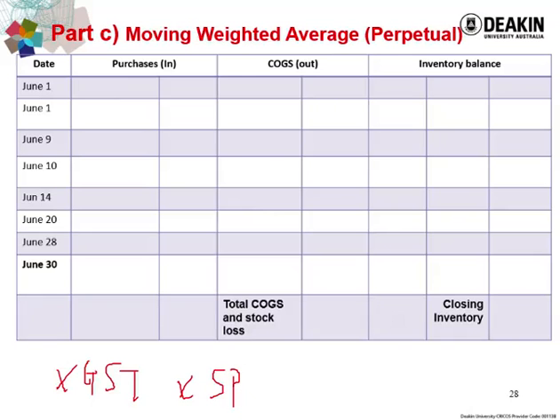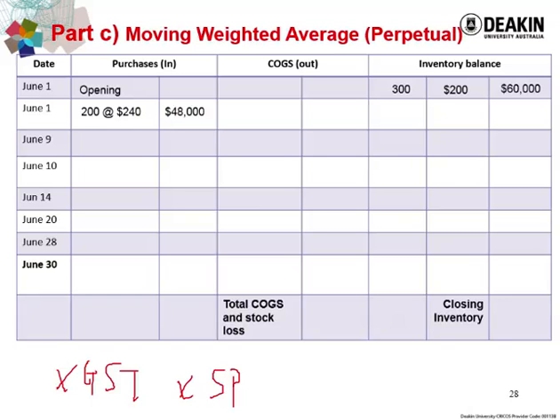Okay, at 1st of June, we begin with 300 units at $200 each, exclusive of GST. So the total opening inventory balance is 60k. On the 1st of June, we also purchased 200 units at $240 each, exclusive of GST. So every time when we make a new purchase, we have to recalculate the unit cost.